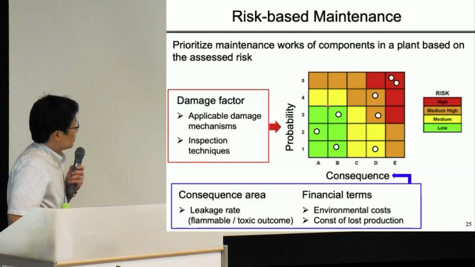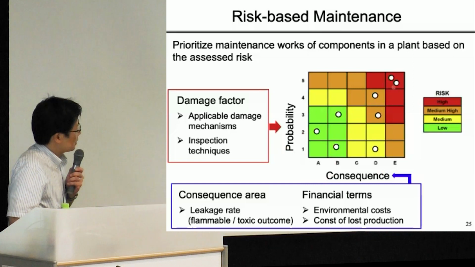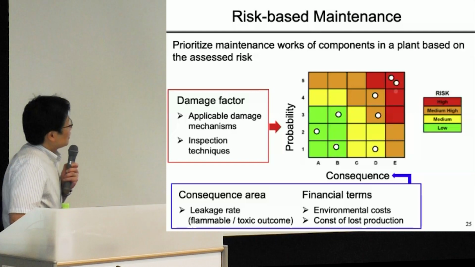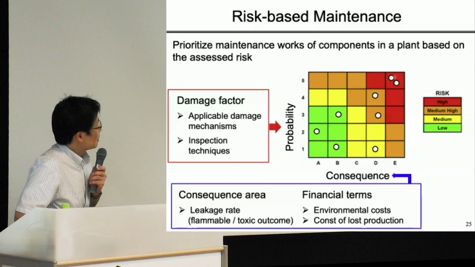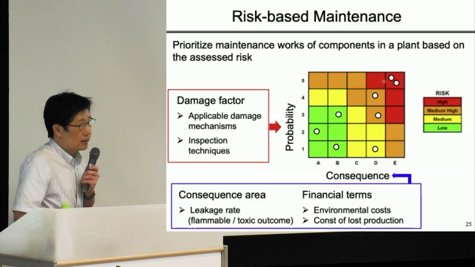And this is a risk diagram consisting of probability and consequence. Due to both parameters, we can estimate the risk in this diagram. If the risk of some component lies here, it means that the risk of the component is very high.